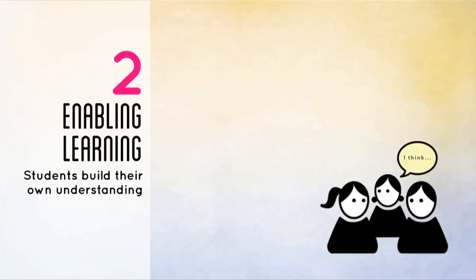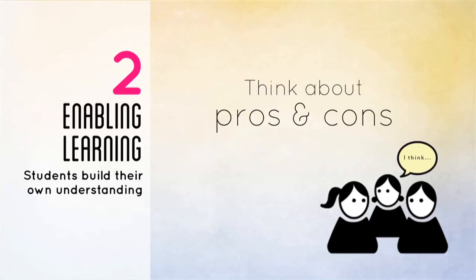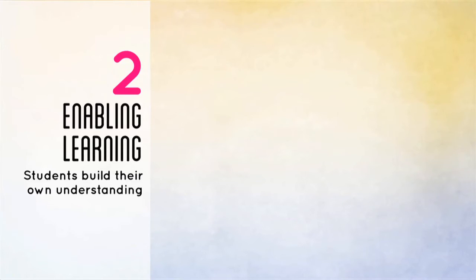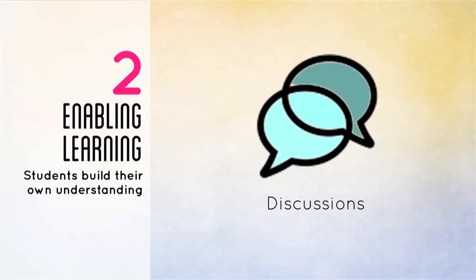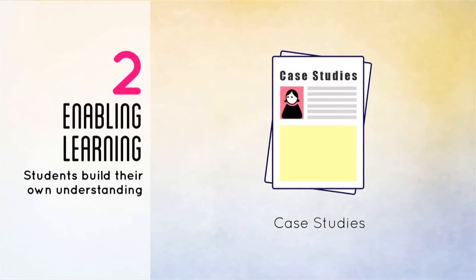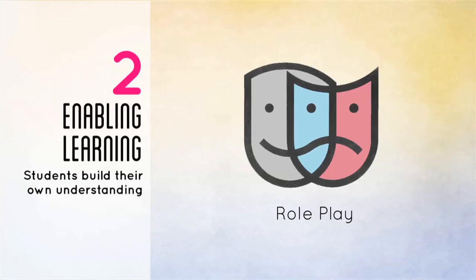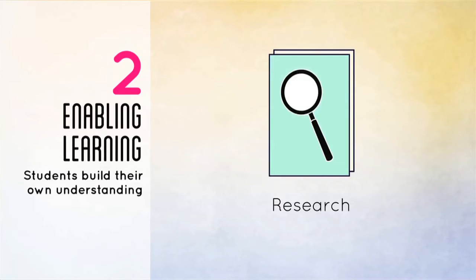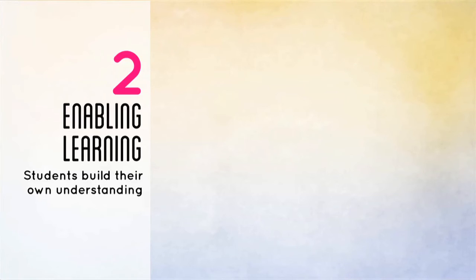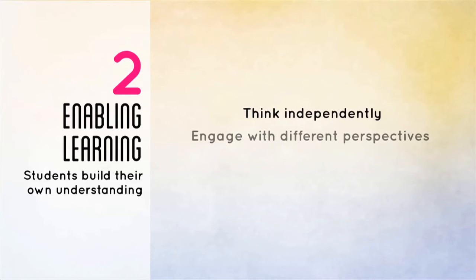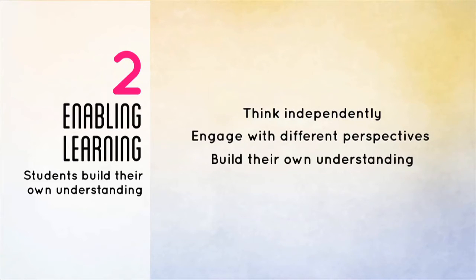You might want students to think about the pros and cons of democracy as a system. Here, you would use group methods like discussions, case studies, debates, role plays, or research. The key idea here is that the students get to think independently, engage with different perspectives, and then build on their understanding of the concept.